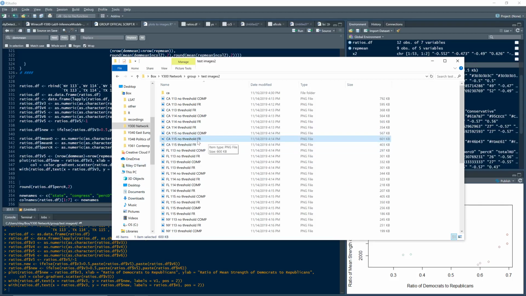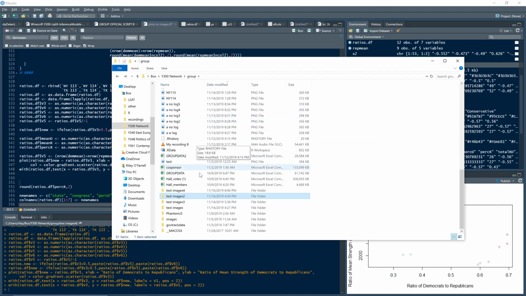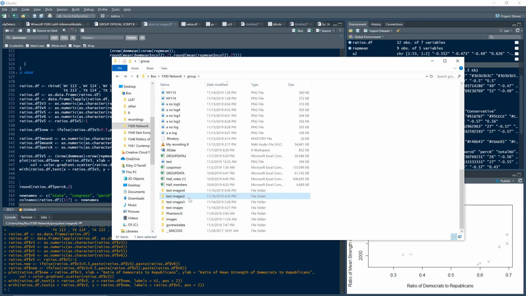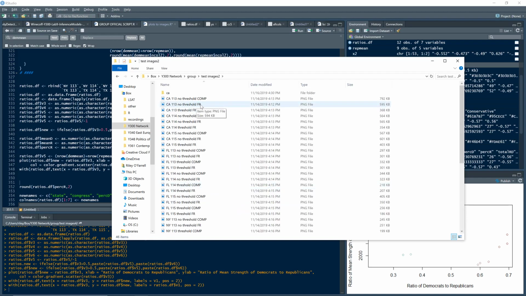And then FR and comp are two different layouts. So comp stands for components, and it's a layout to emphasize components. I think the comp layout looks the best, and I only used the comp layout in what I've shown you so far. The FR stands for, I forget the name, a different layout.